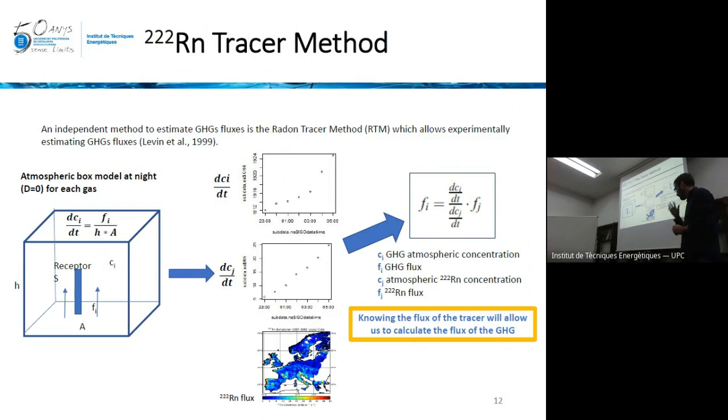And since some years ago it is also used with the radon tracer method. I will explain a bit of this methodology. It's a box model, so it's assuming a stable boundary layer.